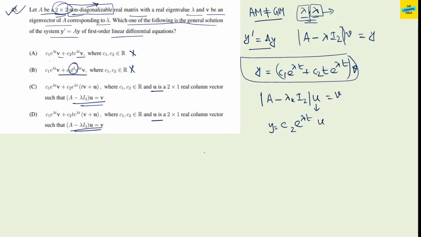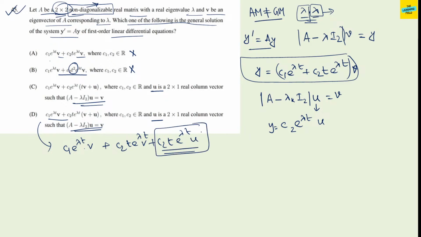So the complete solution is what? You can also discard the option D. If we see option D, C1 e to the power lambda t into V, plus C2 t e to the power lambda t into U. But we cannot write this U this way because V is repeated.